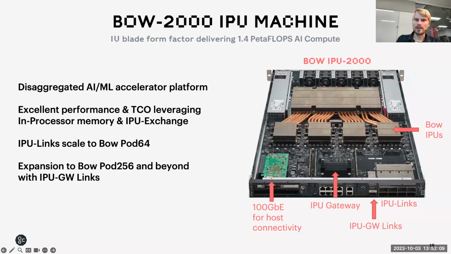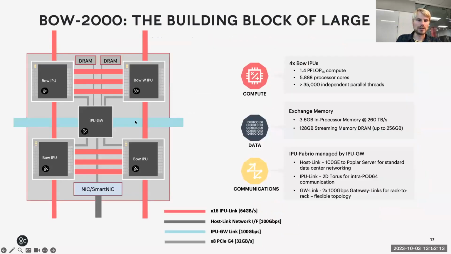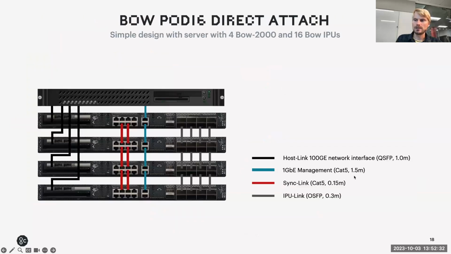The topology of the IPU links between the IPUs is shown here. So this is a single Bow 2000 box, and the IPU links are shown in red. And we connect multiple chassis together like a daisy chain. So overall, it looks like a ladder for a Pod16. Texas A&M has a couple of Pod16s in the data centers.